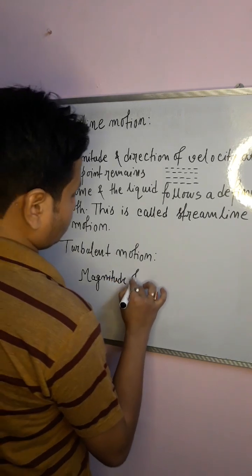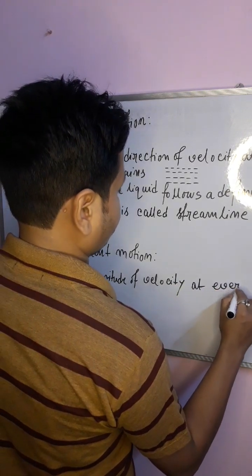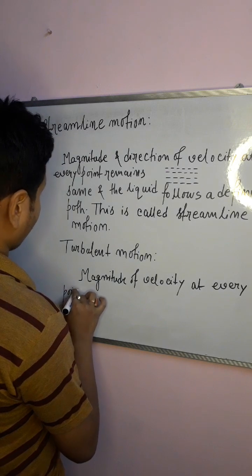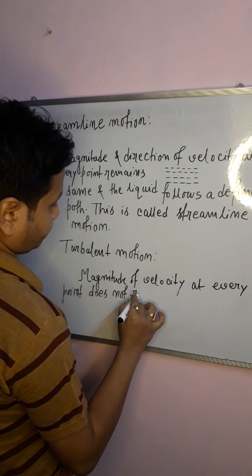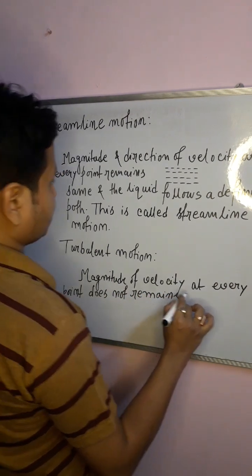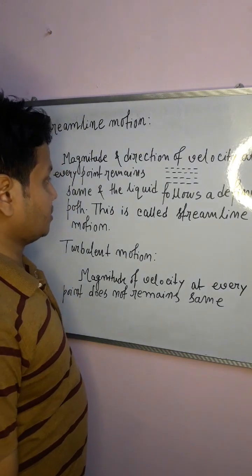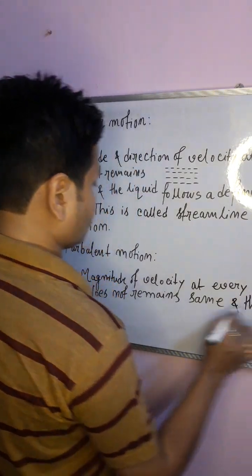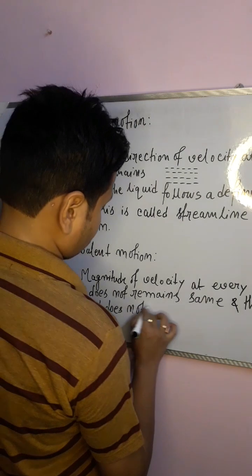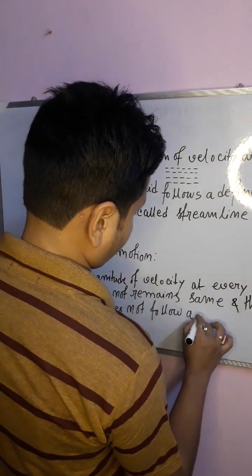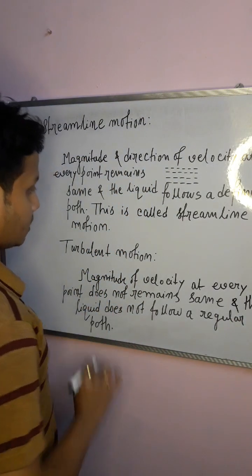The magnitude of velocity at every point does not remain the same, and the liquid does not follow a regular path.